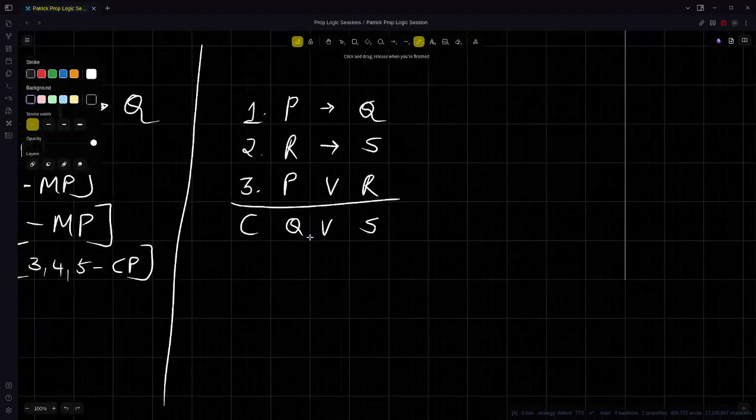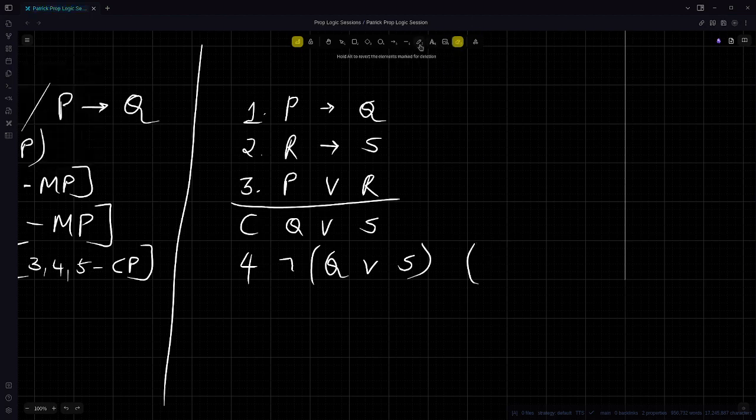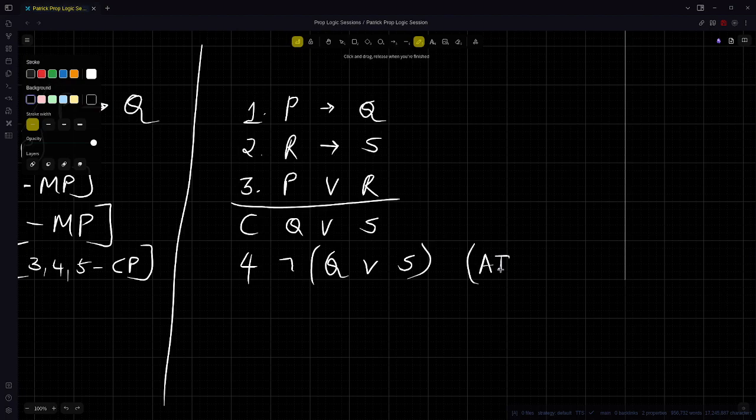Okay, let's prove this. The first step in proving this is negating Q or S. Okay, this you write as assumption for indirect proof.